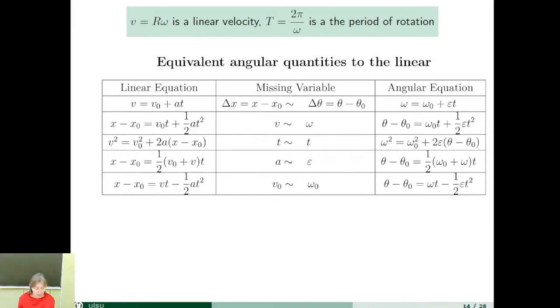The two sets of variables are related by r, the perpendicular distance of the point from the rotational axis. This perpendicular distance is the distance between the point and the rotational axis, measured perpendicular to the axis. It's also the radius of the circle traveled by the point around the axis of rotation.